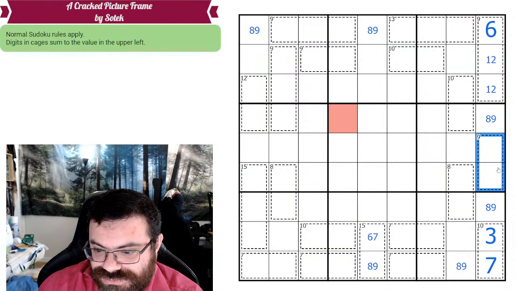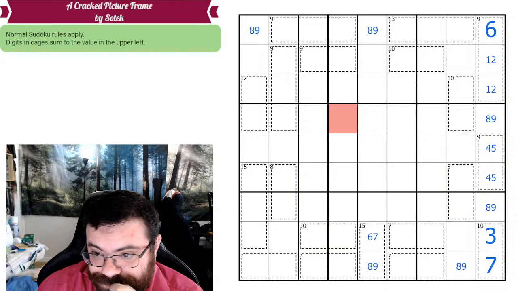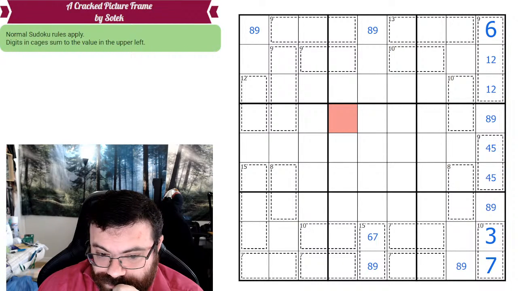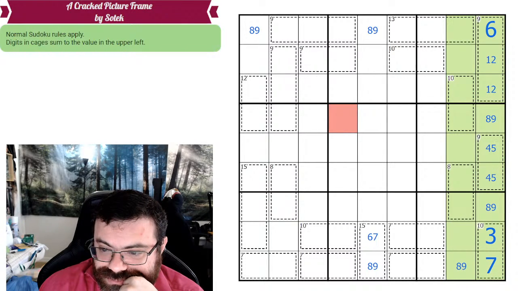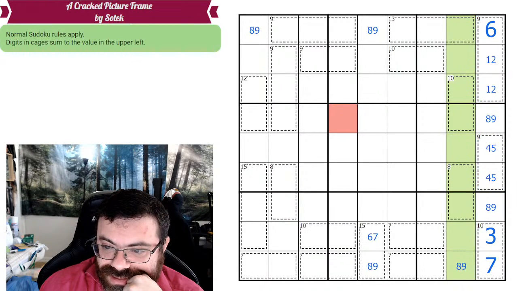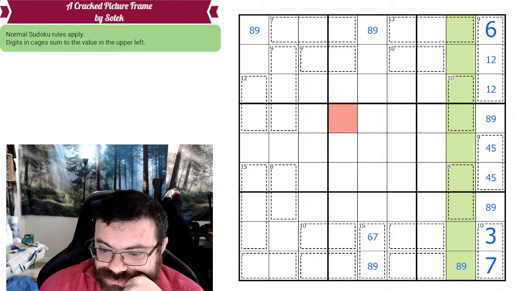We know what this is. 4, 5. Can I learn anything about this? I mean, there doesn't seem to be a point to even including that column at all. Not really.